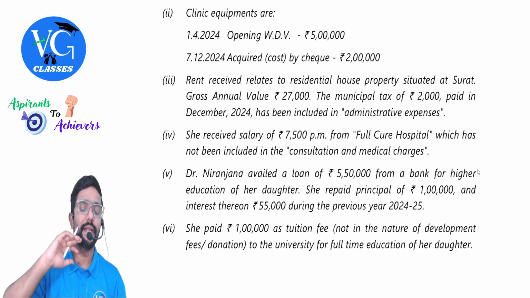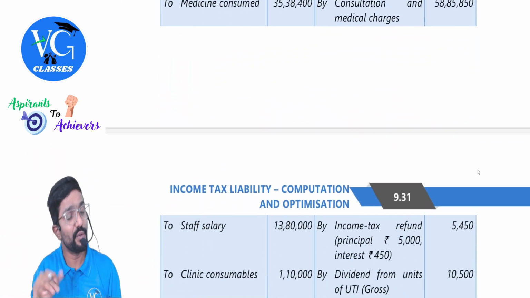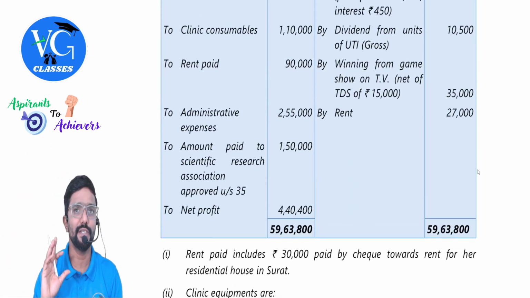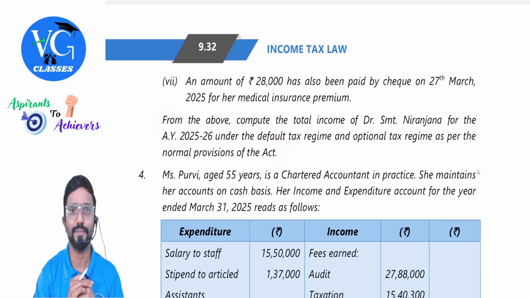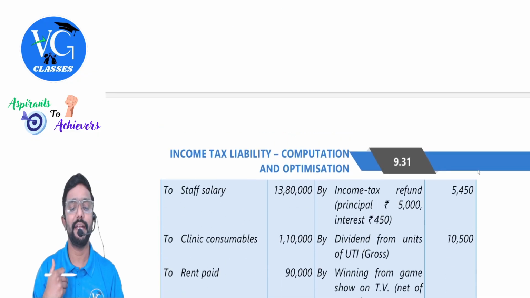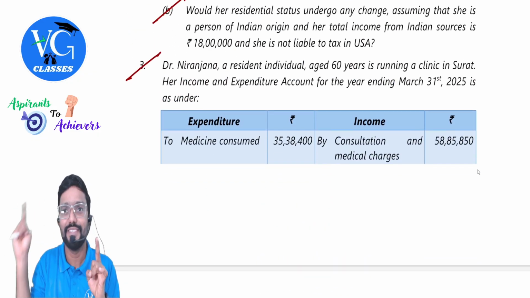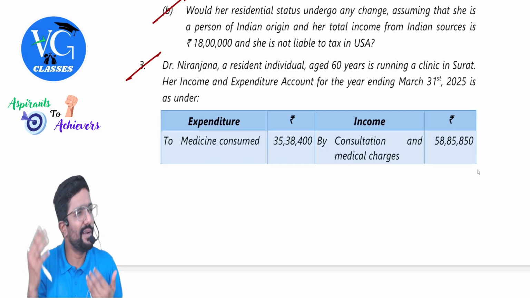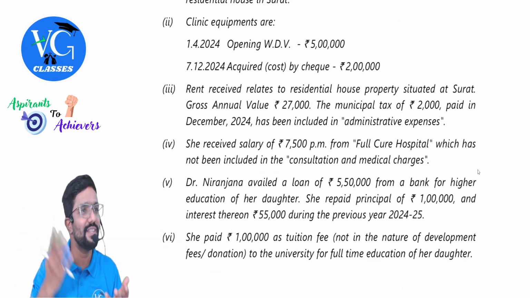See, now what I did with this question is read everything from top to bottom. There is another strategy to read this kind of question, especially total income questions. First, go and read this part, what they are asking. Then come and read the data given in the question, so that when you are reading, you already know what to do. Few things are not allowed under the default regime. Assume the question is straight away on default; you know most of the things are not allowed.